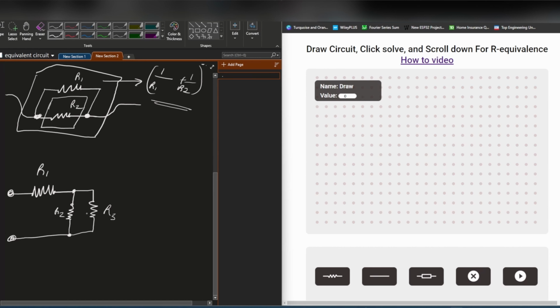Now, in this case, we have a situation where you might be confused as to where to start. Well, you kind of have to just look at it and pick a place. You could start from here, but we already know this is R1, so this doesn't really help us at all.